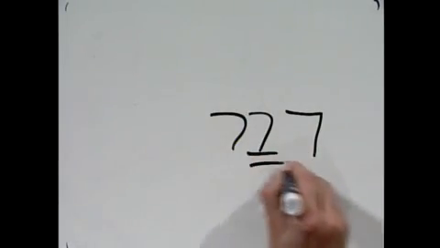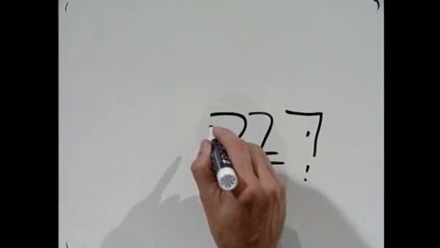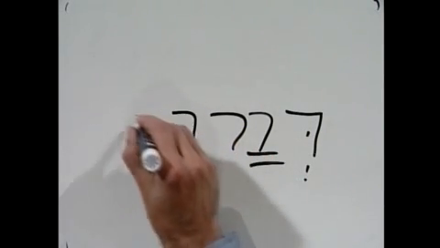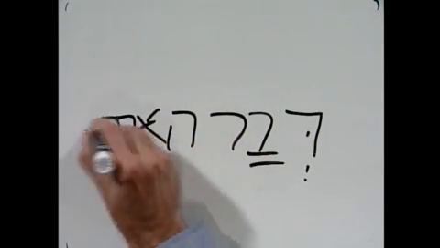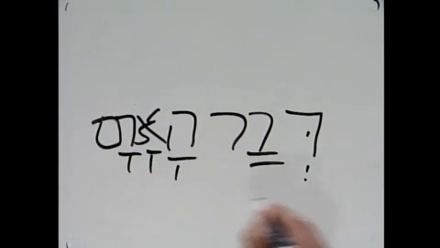The article can only be on the word in the absolute state. And if the word in the absolute state is definite, then the whole package should be regarded as definite. So, for instance, I give you the example, the var, word of, the man, the word of the man.